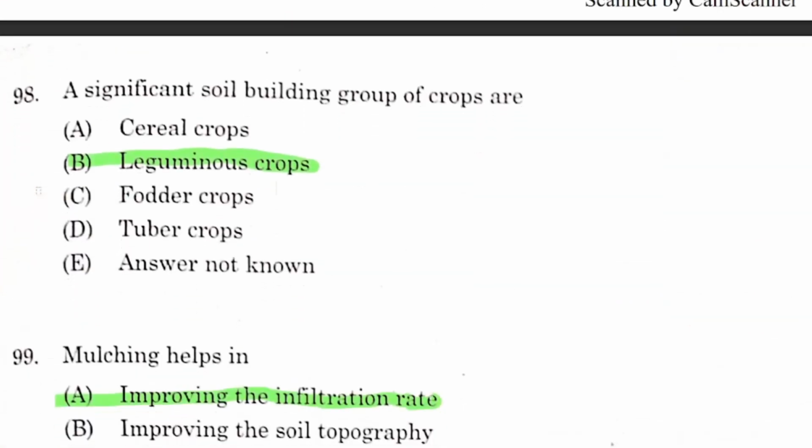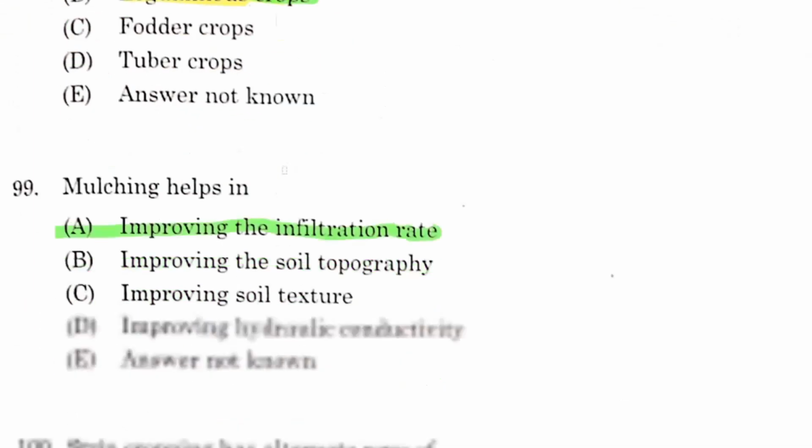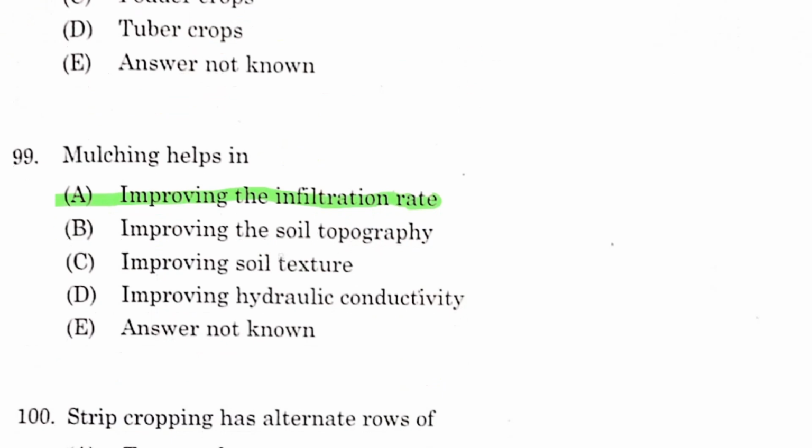Next question is question number 98. The significant soil building group of crops is leguminous crops. Next, mulching helps. Mulching is a process used in farming to save water and maintain the moisture level in the farm.